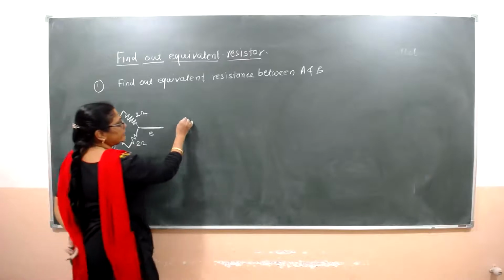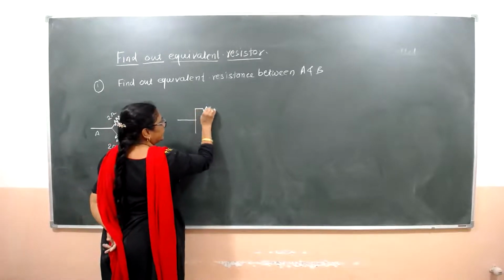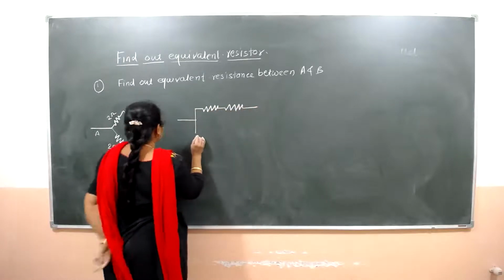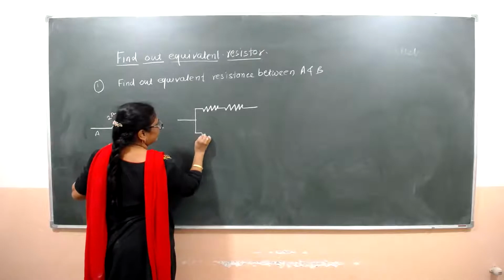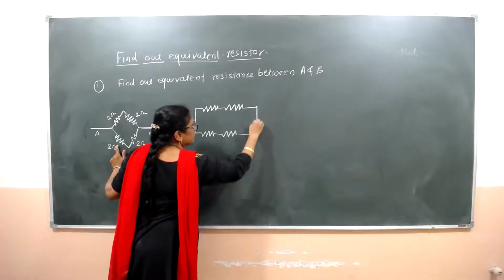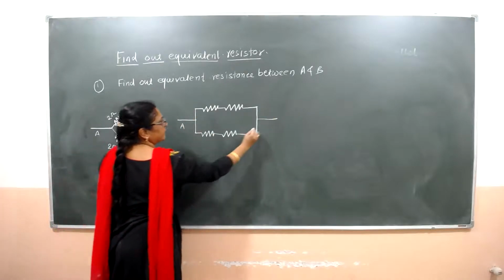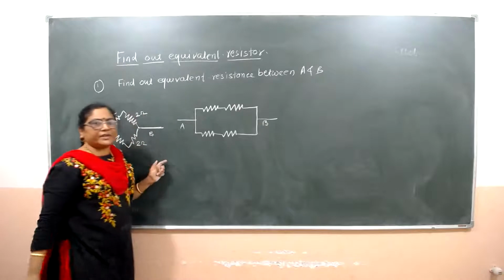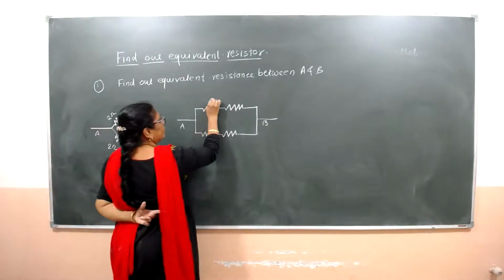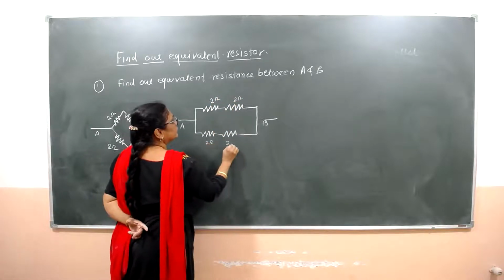So when we simplify this type of figure, this is one resistor, this is another resistor, this is the lower one and this is the second. When you simplify this figure, you get this type of figure. Each resistor is 2 ohm.